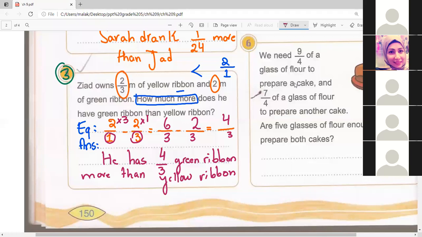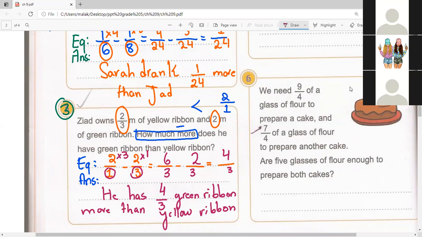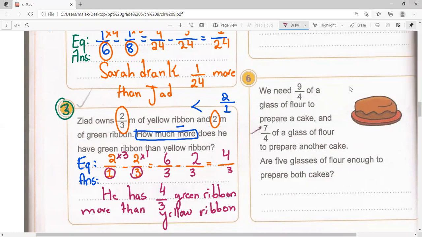Kawthar, come on. Kawthar. Kawthar. Kawthar, unmute please. Kawthar, unmute and you have to share with us.